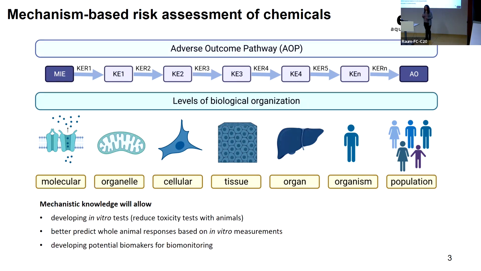And such mechanistic knowledge is also important for developing potential biomarkers that can, for example, be used in biomonitoring. So this mechanistic knowledge is really important because it lays a critical foundation for predictive approaches in ecotoxicology.